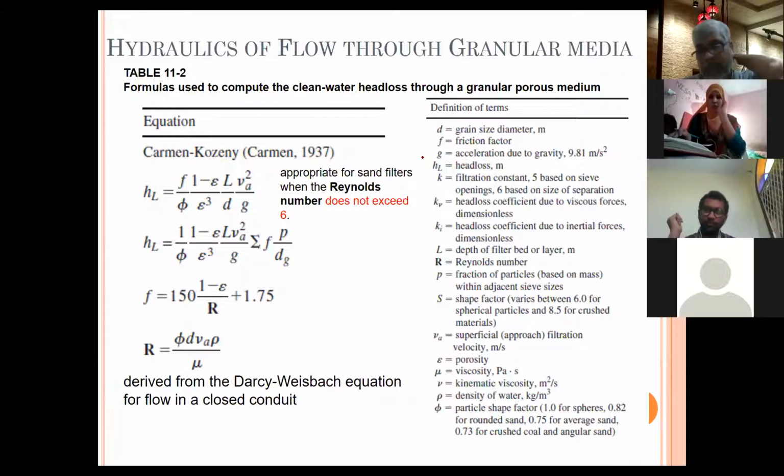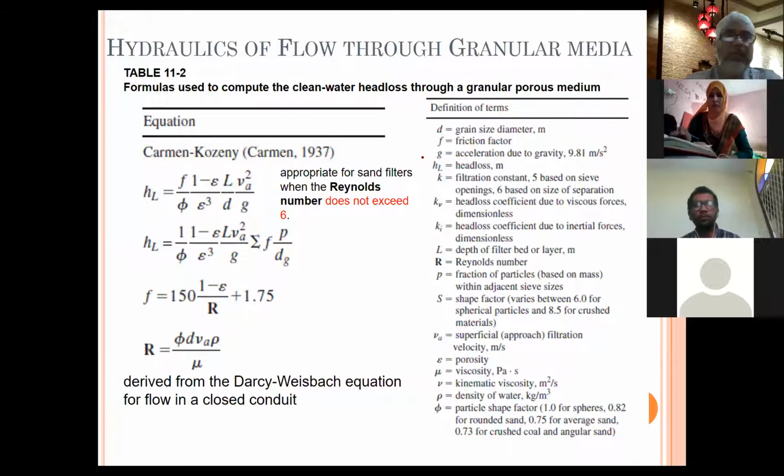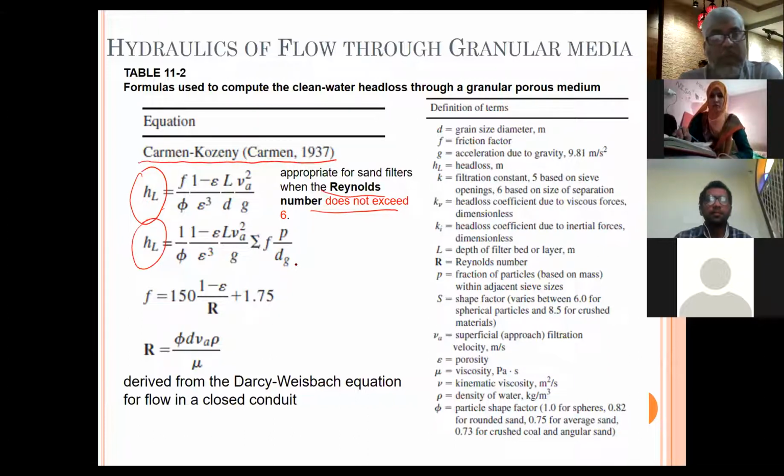There are some more hydraulic equations involved, particularly the Carman-Kozeny equation. This equation tells us about head loss in the filtration of uniform particles when Reynolds number is less than 6, and another equation tells us head loss for different sizes of particles. Here, this is related to the friction factor, and Reynolds number can be determined using this.